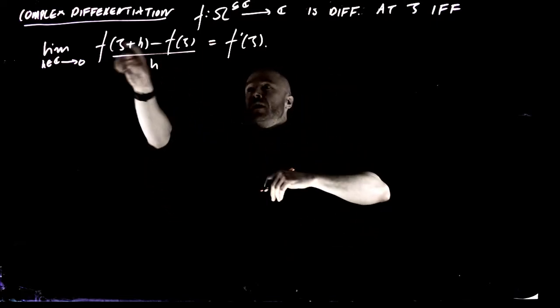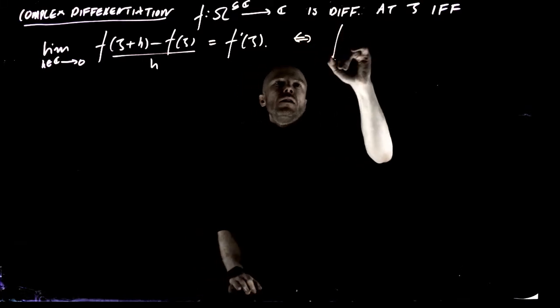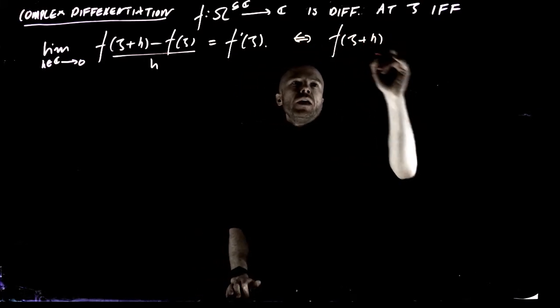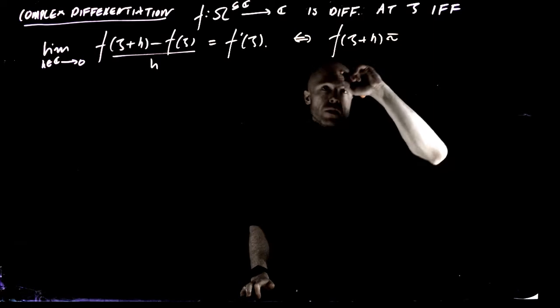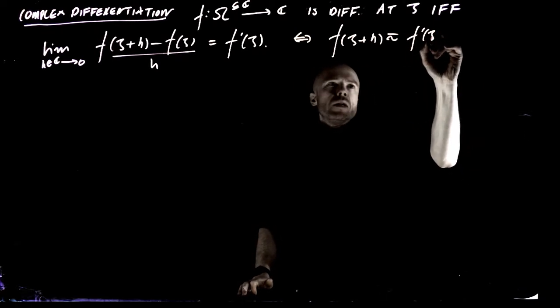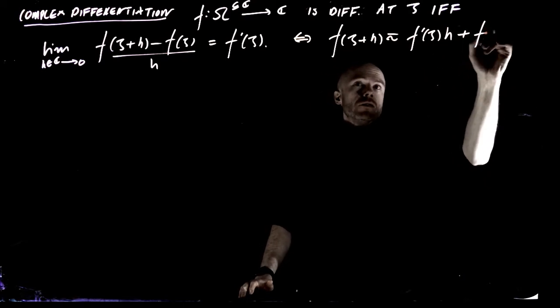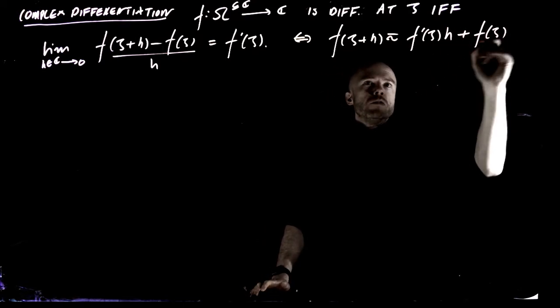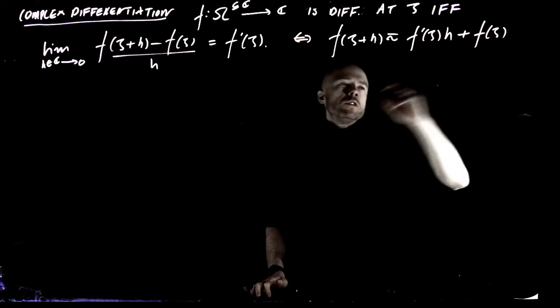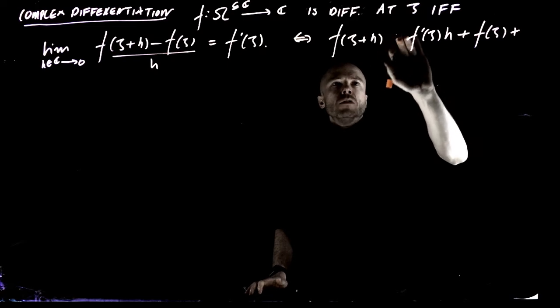Let's just write it. So this is equivalent to saying that f of zeta plus h is really a lot like this complex number times this complex number plus this fixed complex number, because we're moving h, plus some small error. Well, if we put the small error, then it's actually equal.